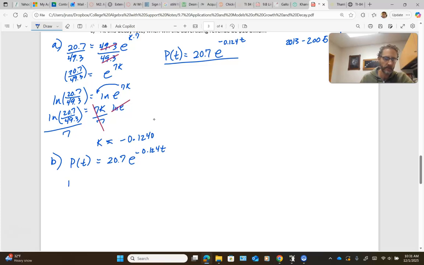Okay, so in other words, we want to find p of 2. That corresponds to 2008. This first one, again, I'll just write everything out to show you. But 2012, that corresponds to 6 years.